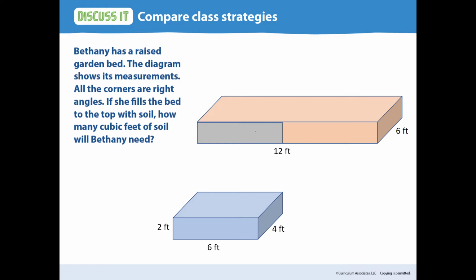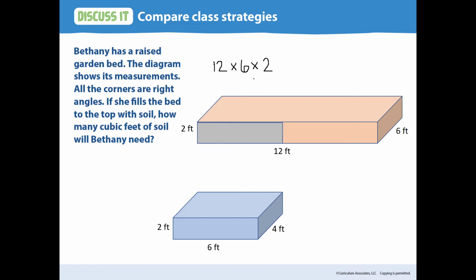So this larger one, it has a length of 12, a width of 6, and I know that it has a height of 2 feet because it is the same height as the other part of the shape. So when we multiply them, we multiply length times width times height. So 12 times 6 times 2.